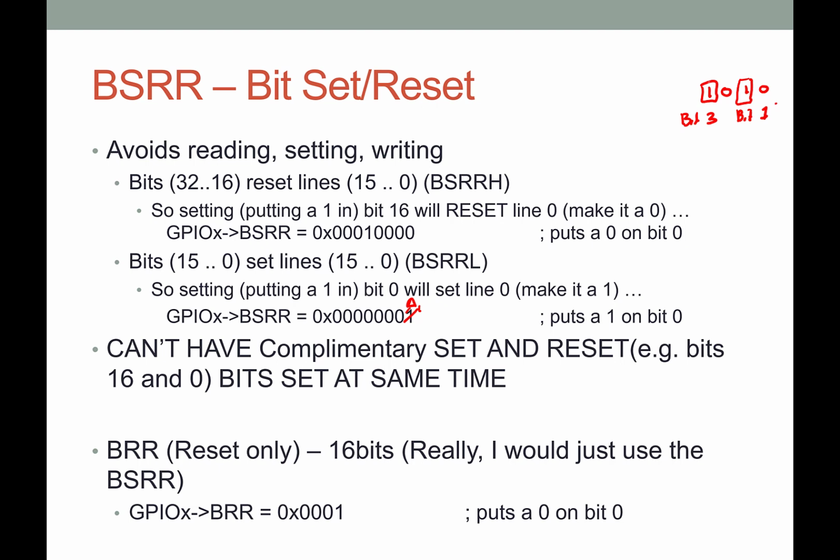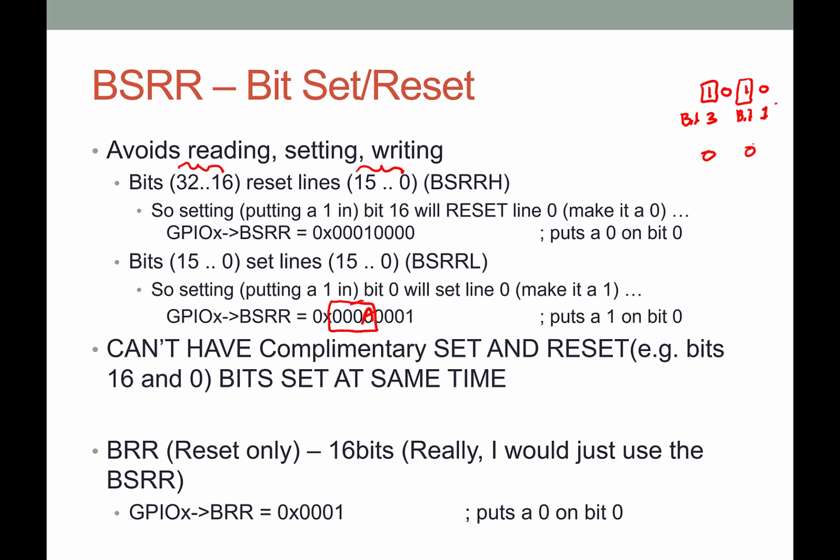If you want to reset the bit, you have two possibilities. Okay, you can use the upper 16 bits in the BSRR register, and if you set those, you can think of them as, even though they're bits 16 through 31, they're really resetting the lines 0 through 15. So for example, if you put the A here, what that's going to do is it's going to reset those outputs for bit 1 and bit 3.